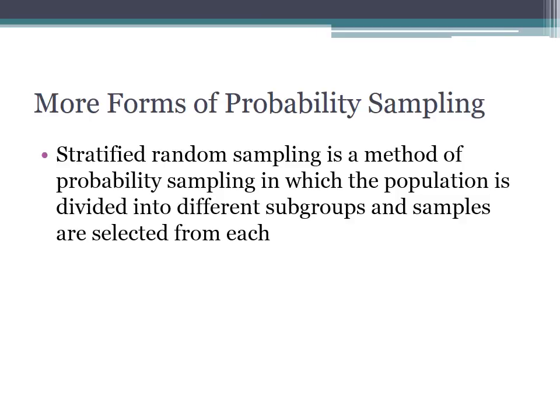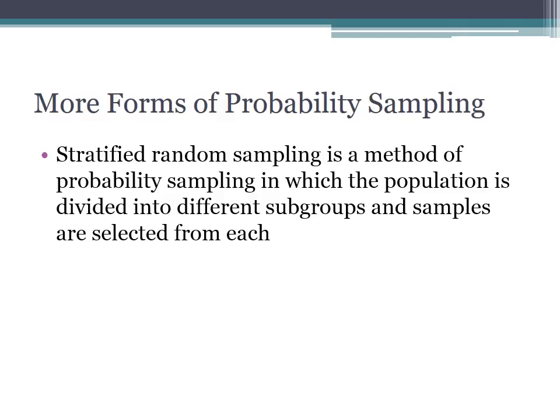We also have stratified random sampling, in which the population is divided into subgroups, and then a sample is selected from each subgroup. So if we were doing a study of UK students and we wanted to make sure that we had students from each of the colleges, we would get a list of each college's students and then randomly select from each of those lists.